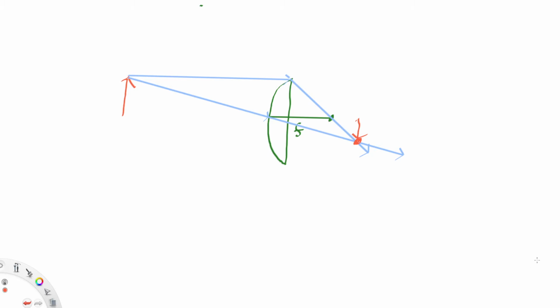Okay. So why would a ray going through the center of the lens not get refracted? If it goes through the center of the lens, basically it gets bent a little bit as it enters the first surface, but then it gets bent back as it goes through the second surface of the lens.